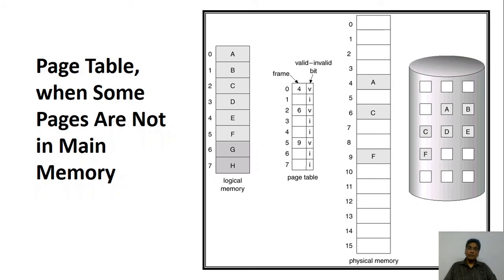So let's look at a simple example over here. The content A is there. This is page 0. Page 0 content A is already loaded from the disk. If the process says I want to read that page, where is this page?